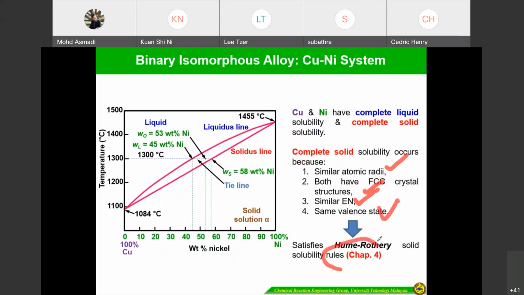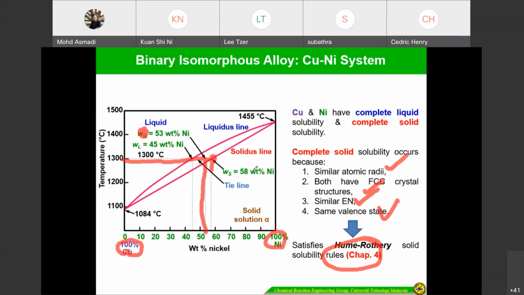If you look at here, the initial weight percentage for nickel is around 40%. This one is 100% nickel and this one is 100% copper. So how can we know the liquid and solid? Just draw the tie line at 1300 so that we can know.